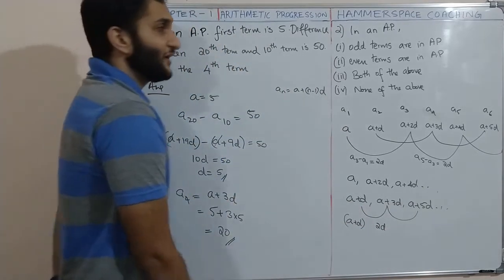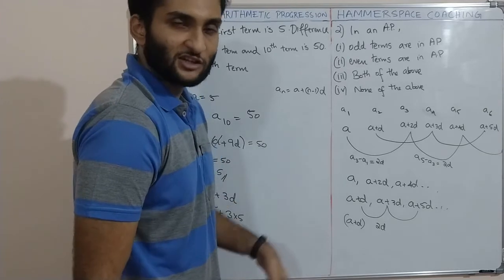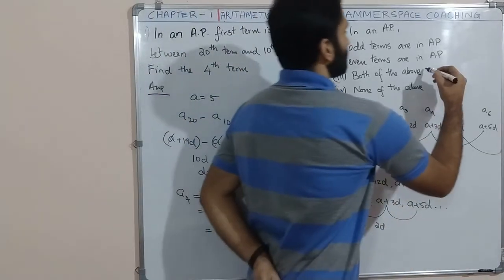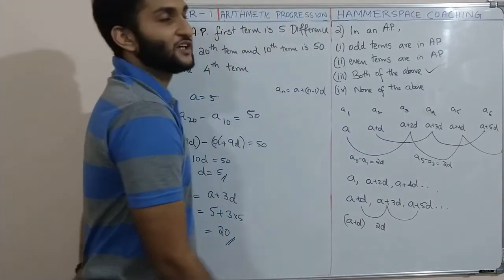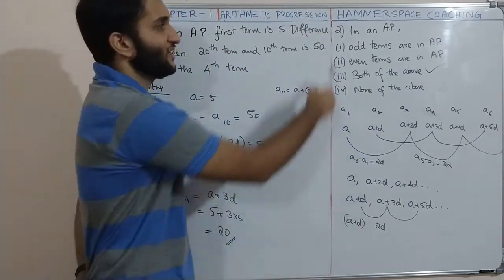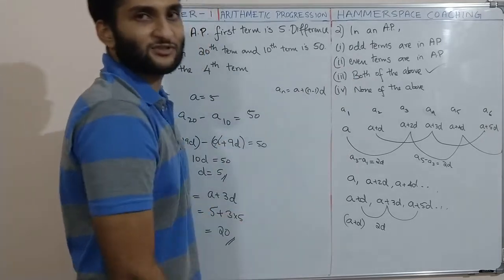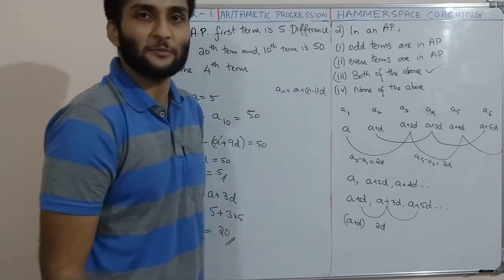So, in an AP, odd terms are also in AP, even terms are also in AP, hence both of the above. Remember this property of AP. In any AP, both the odd terms and the even terms are also in AP.